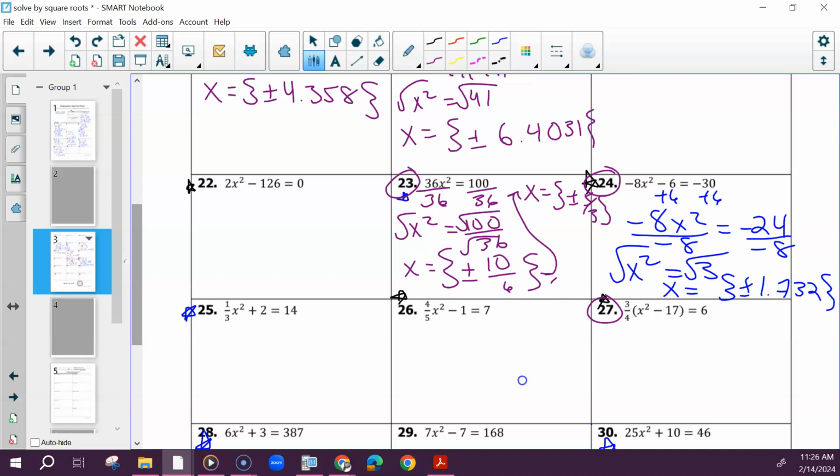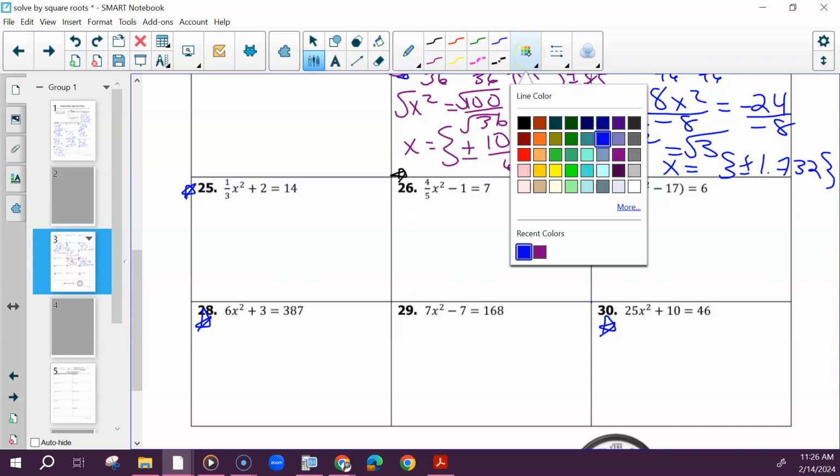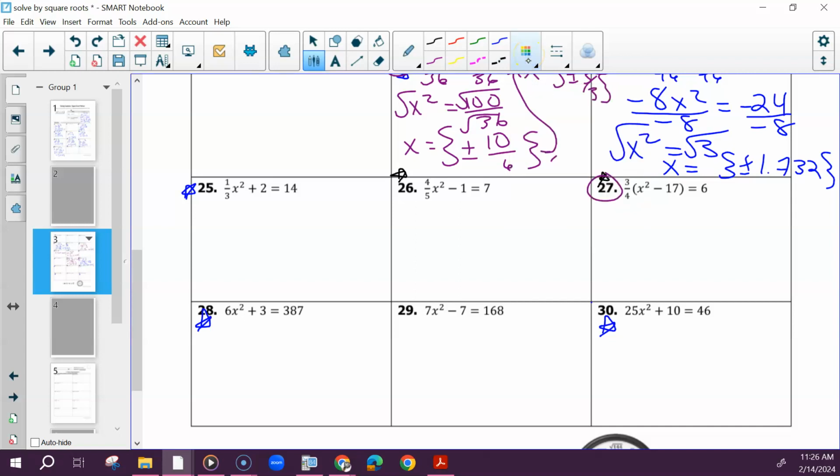27, how can we start that? So you can do one of two things. Either distribute or get rid of the 3/4 by multiplying or dividing. So that choice is really up to you guys. Do we want to distribute or get rid of it? Get rid of it. Okay, so let's multiply by 4 over 3.